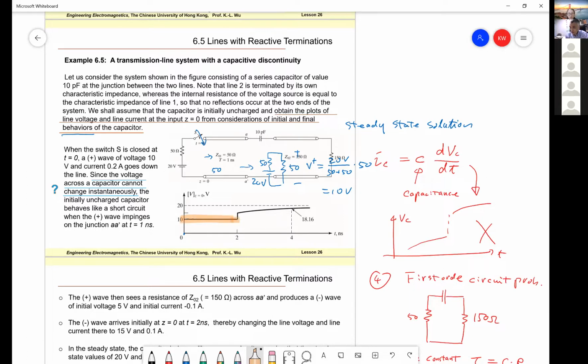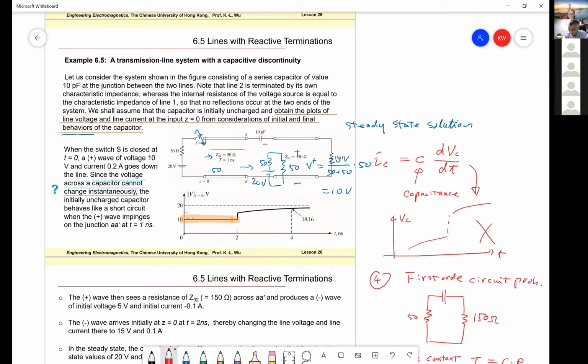And how long does it take? This 10 volt goes here, and at the beginning, the initial voltage across the capacitance is 0. So when it hits, the voltage across the capacitance should be continuous, so that's still 0.